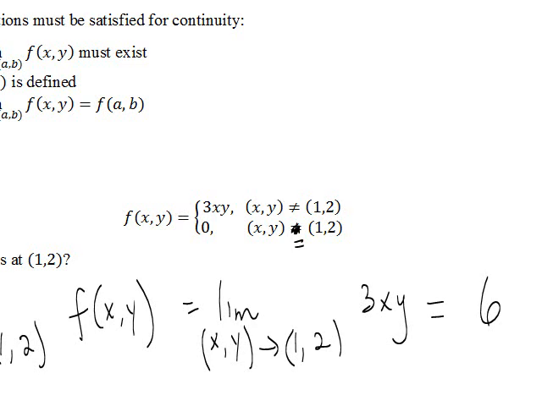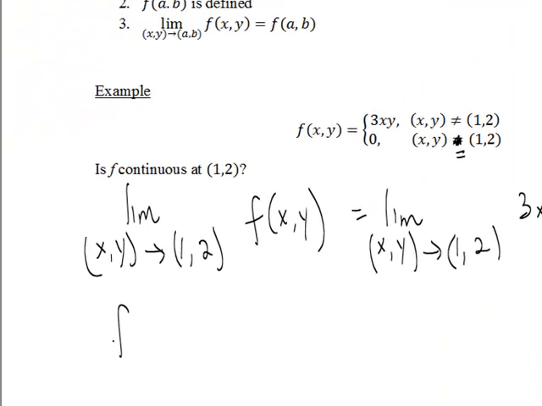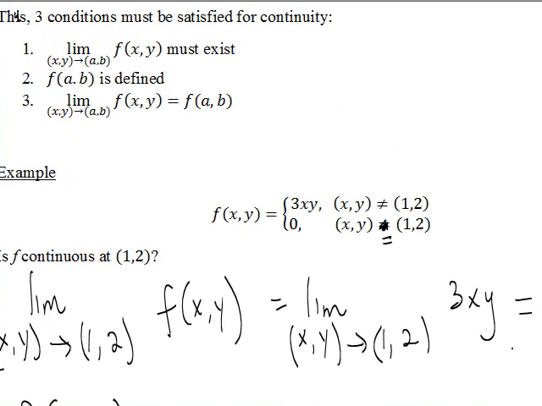Move on to the second condition. What is f of (1,2)? From the definition of the function, it's 0, right? So the second condition holds. The function is defined at (1,2). But what do you notice? 6 is not 0. They have to be the same for continuity to occur.